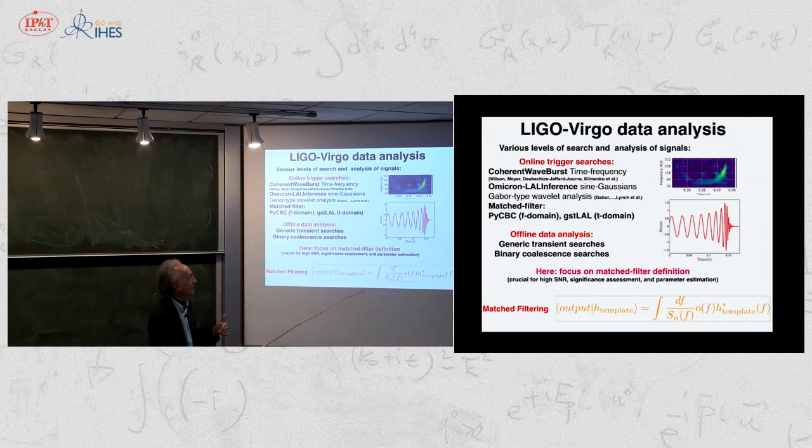This is called the template. We are going to describe the theoretical tools that allow us to compute the gravitational wave signal emitted during the last orbits and the merger of two black holes. You put this signal in Fourier transform, and then you do this for varying values of the masses and spins, and you look if there are values of the masses and spins that give a good correlation.